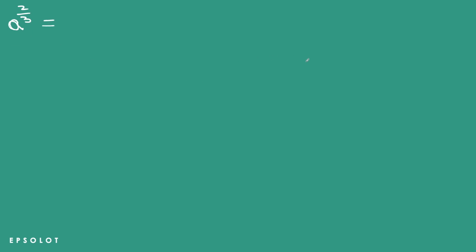If something is being raised to the power of m divided by n, the denominator is your root, and the numerator is your power, or exponent. So we write our root, which is 3, as the number at the denominator, and the numerator becomes our power.